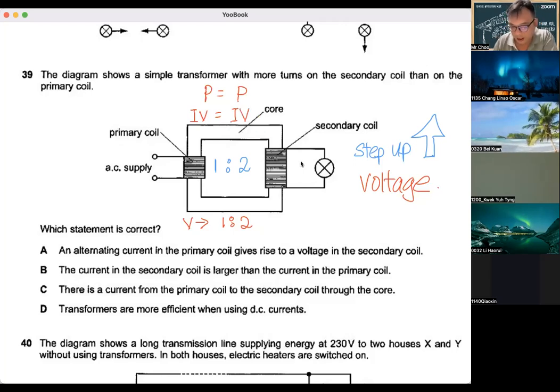So if the voltage goes up on the secondary, the current will actually come down, because current and voltage are inversely proportional. Can you see this relationship? P is equal to VI or IV. As the voltage goes up, current will come down. So the relationship of V and I is inversely proportional.